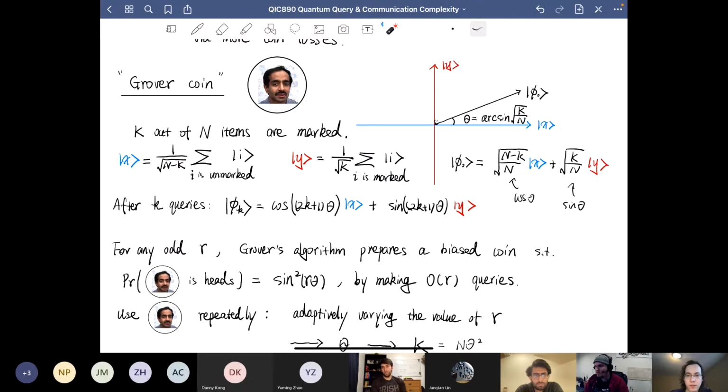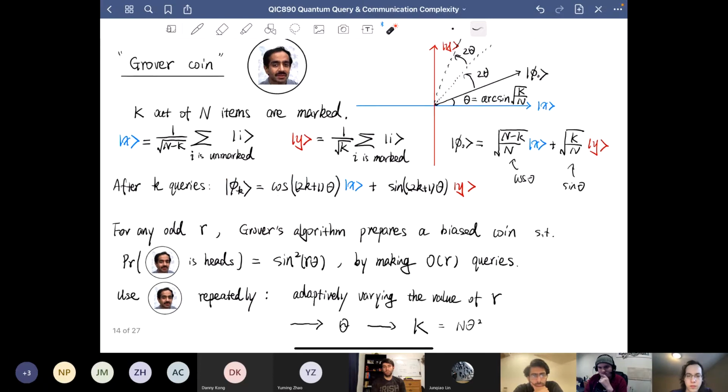And each time you query the state, it gives you a Grover rotation, which is basically a rotation by 2 theta. So after k queries, the state becomes cosine (2k plus 1) theta x plus sine (2k plus 1) theta y.